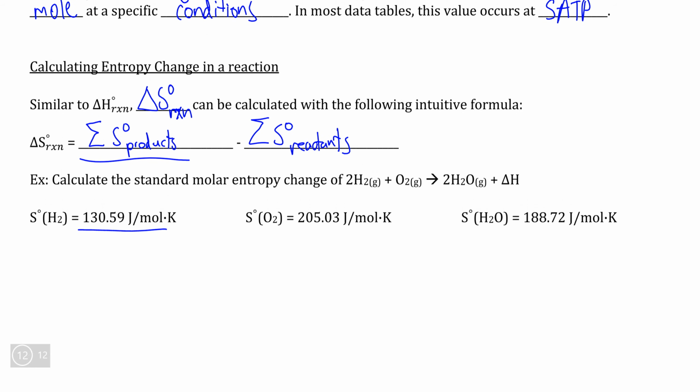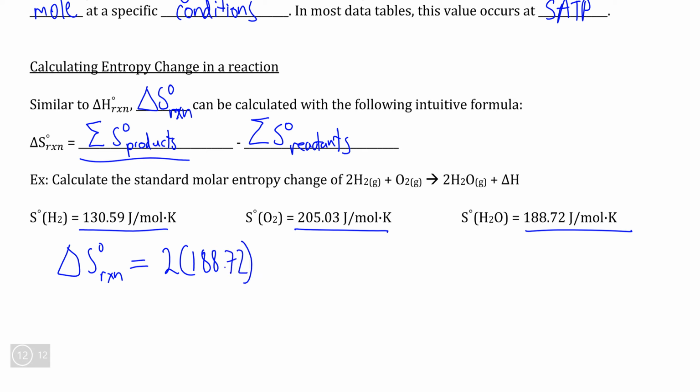So if we go ahead and use these numbers, which came from the same thermochemical data table we used before, we can calculate mathematically whether the forward or reverse reaction of the synthesis of water is favored. We know that water is our only product, so the sum of all of our standard molar entropy of products is 2, because we have 2 water molecules, times water's standard molar entropy, which is 188.72.